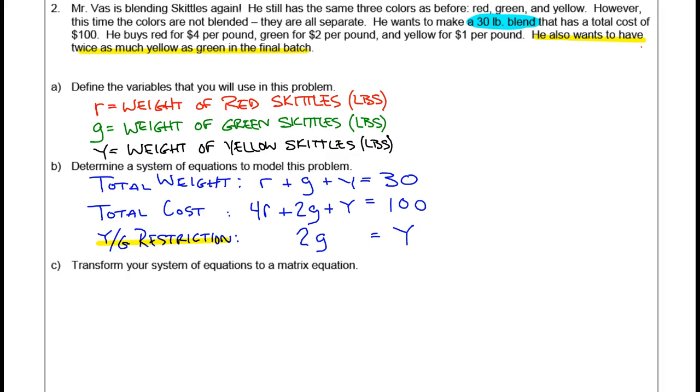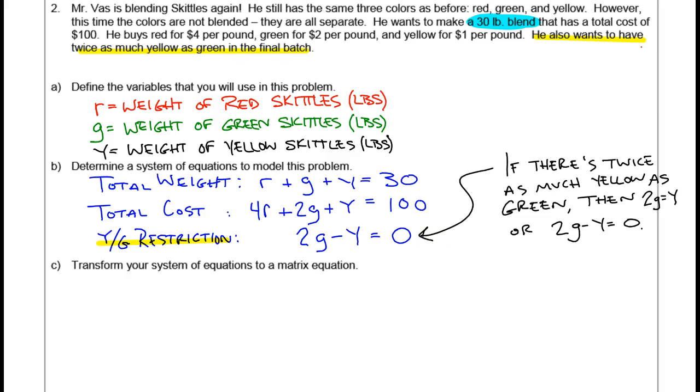So I need to subtract y from both sides, and what I'm left with is 2g minus y equals 0. This is worth talking about, so I'm going to write a little note for you here. If you have twice as much yellow as green, then 2g equals y. If you solve for 0 on the right-hand side, you get 2g minus y equals 0.